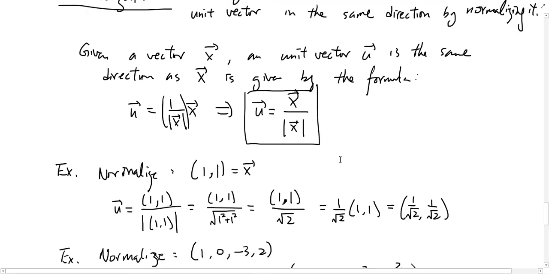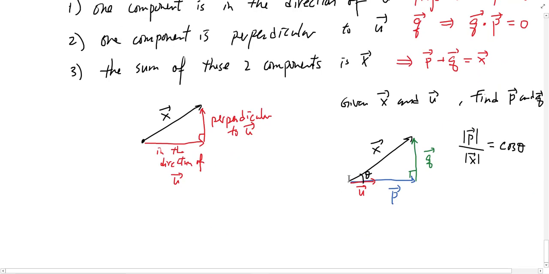In this picture, clearly the angle is formed by vector x and vector u. So cosine theta is also equal to vector x dot vector u over length of x times length of u.